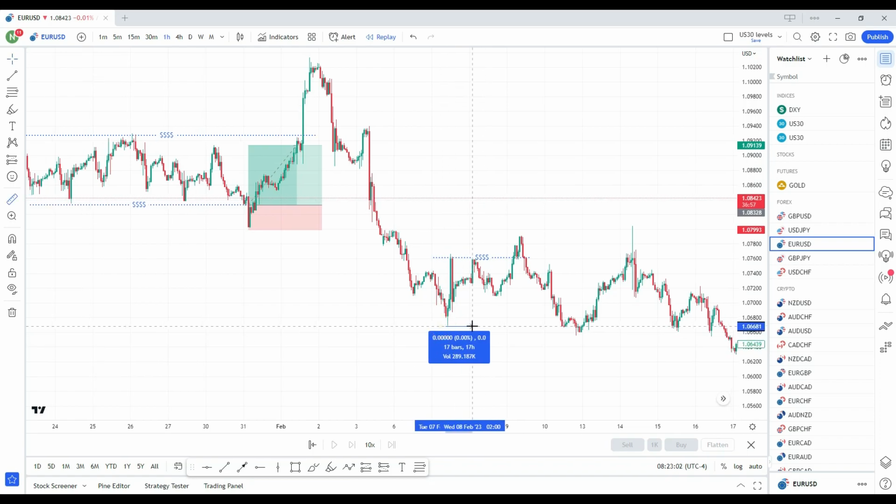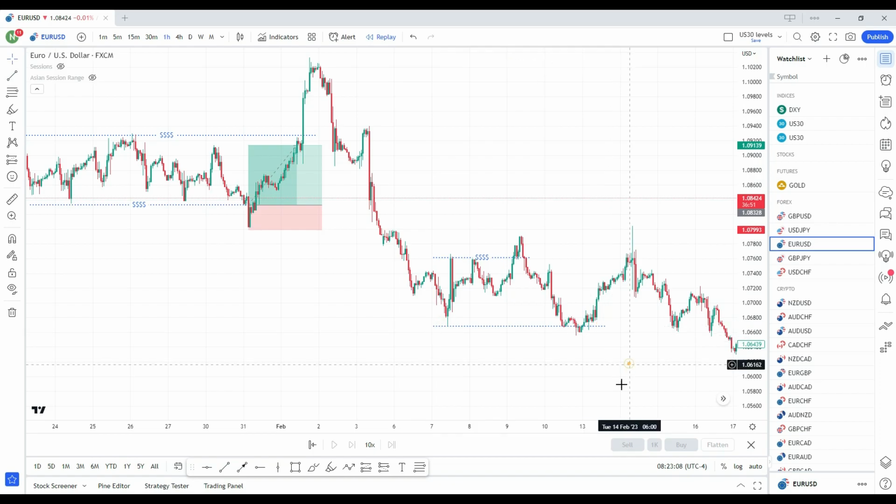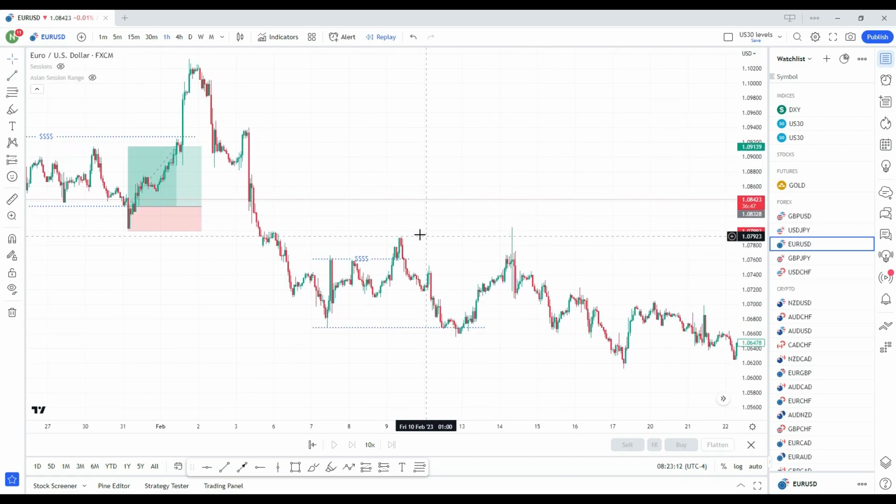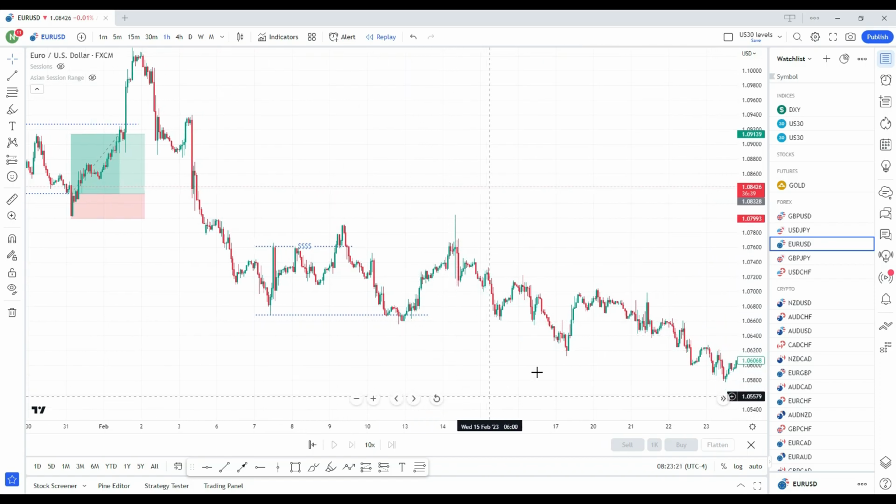Again, you can look at this zone. Another area liquidated, moving up. Also this long candlestick removed the stop losses at the top here, wicked it off before coming down.